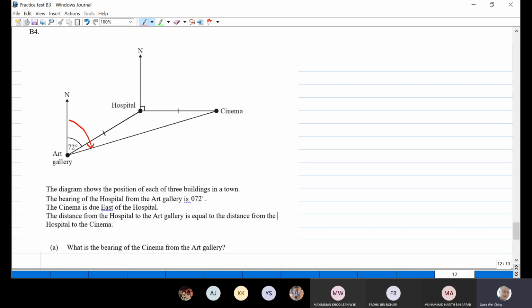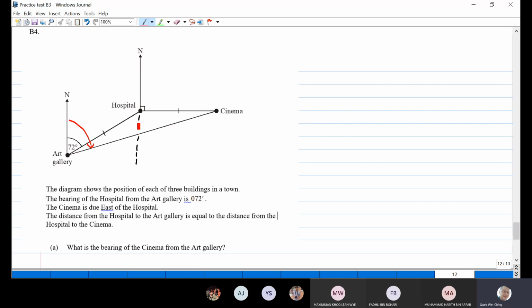So do you know the angle? Okay, if you draw carefully, let's see how I get it out. So if you draw this 90 degree, let me draw it first. So this angle, from the diagram, this one is actually 72, right?